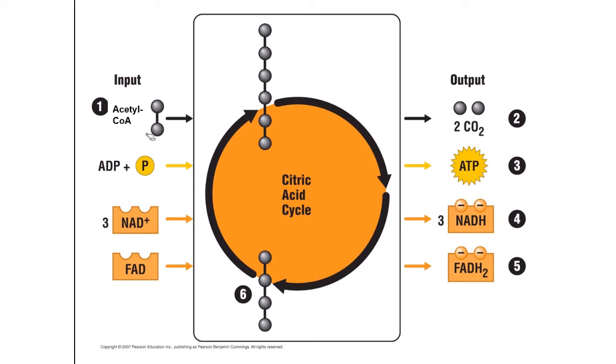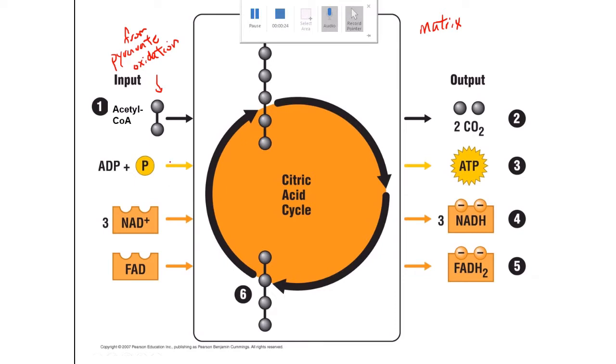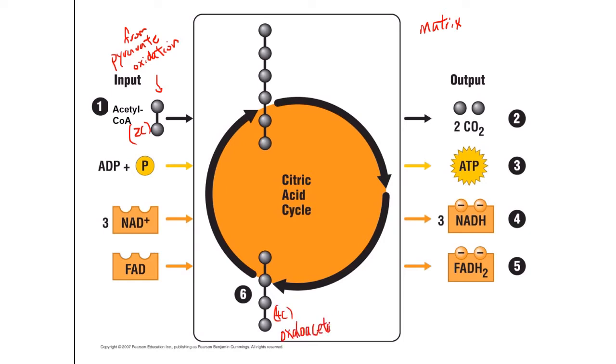So here we have the acetyl-CoA, which again is from step number 2, pyruvate oxidation. Just to reiterate, everything that I'm talking about here happens in the matrix of the mitochondria. The acetyl-CoA will now combine with the pre-existing 4-carbon molecule. So this is the 2-carbon, and here is the 4-carbon molecule called oxaloacetate.